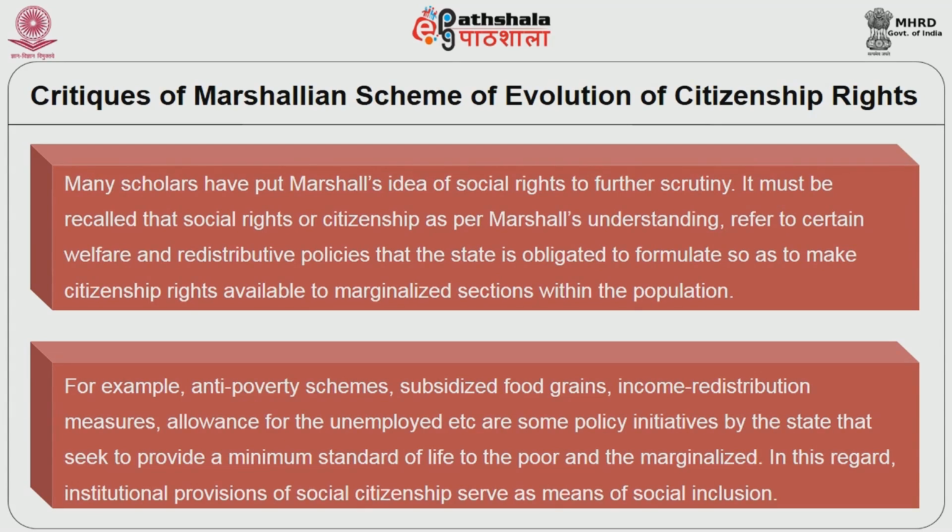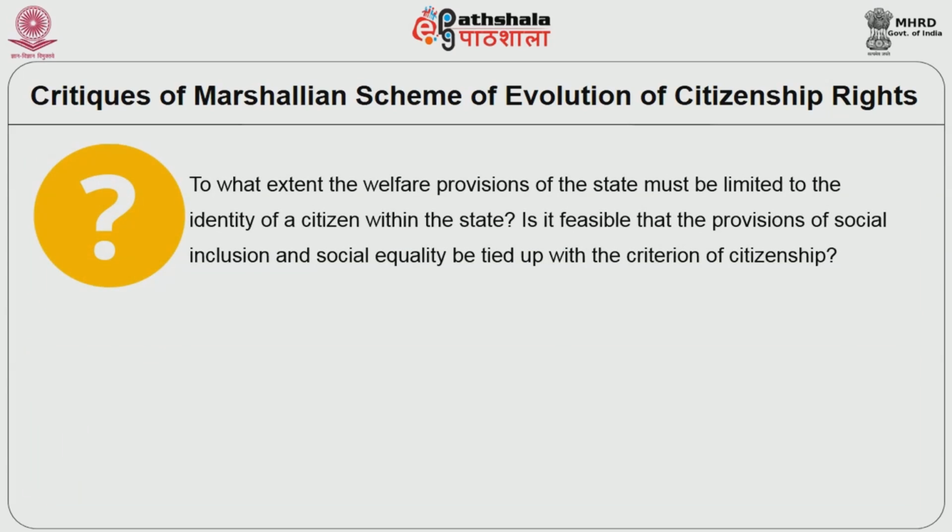These are some of the policy initiatives by the state that seek to provide a minimum standard of life to the poor and marginalized. In this regard, institutional provisions of social citizenship serve as means of social inclusion. The question is, to what extent must the welfare provisions of the state be limited to the identity of a citizen within the state?